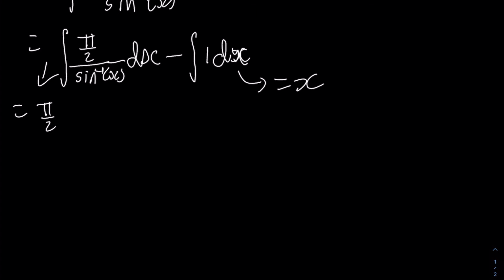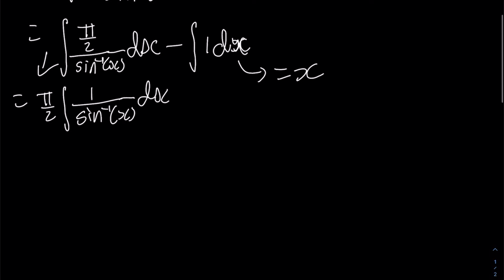So this is going to be pi over 2 times the integral of 1 over the inverse sine of x dx, which is a pretty cool integral on its own. And what we can do is we can try taking a u substitution. So we can say u is the inverse sine of x. Therefore, the sine of u, because taking the sine on both sides, the sine of the inverse sine of x, they will cancel out.